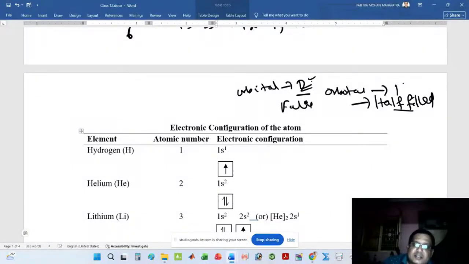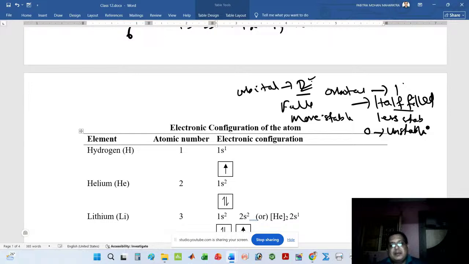Remember, if an orbital is completely filled, then it is more stable. If an orbital has zero electrons, that is said to be unstable. Clear? Remember this.